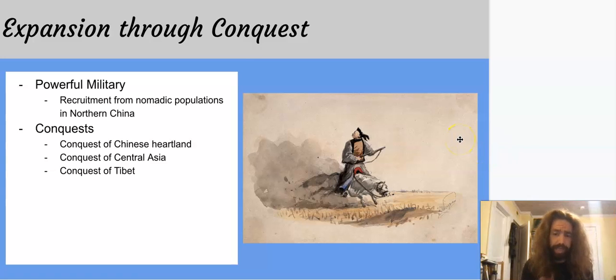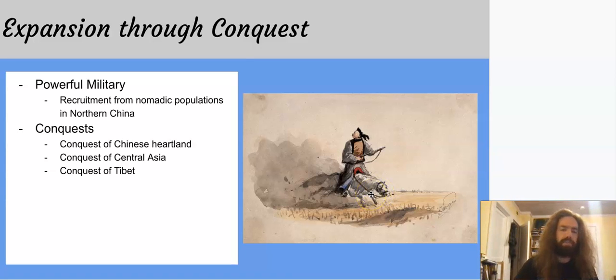So here we see a picture of a Qing soldier riding on his little pony through a dusty plain with a cute little musket ready for use from horseback. In this one little image here, we see the adoption of new firearm technology and the incorporation of it into traditional sort of nomadic style warfare.